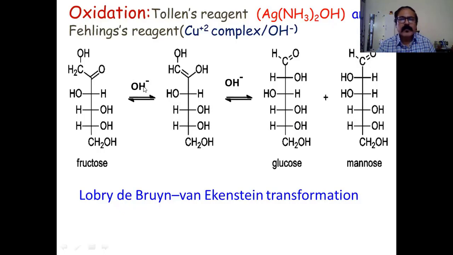You might be remembering that. What is keto-enol tautomerism? This is a ketone group. Okay, look here. This is a ketone group, and you have a hydroxyl group and a methyl group.